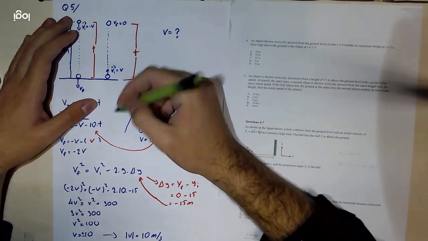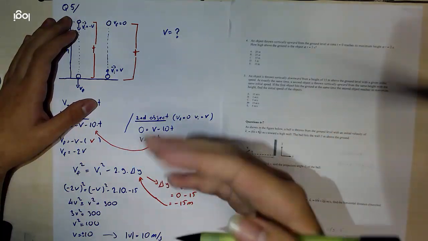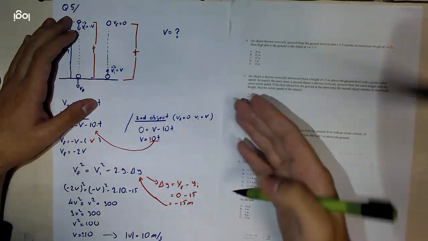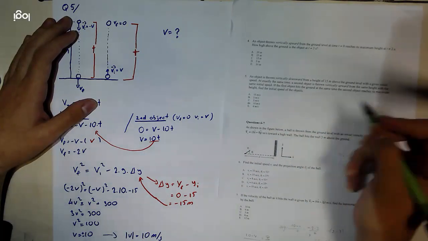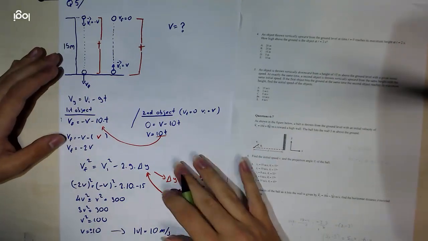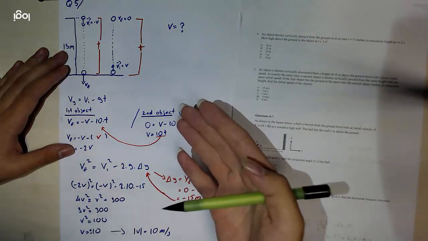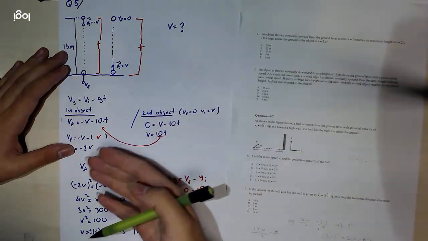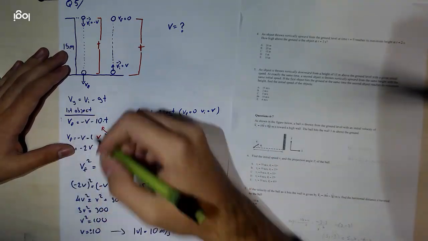When thrown upward, it goes to the maximum height, where the final velocity equals 0. So the second object reaches the maximum height. Find the initial speed of the object. Firstly, he wanted the velocity from us. It's projectile motion, so we can use Vy equals V initial minus gt.